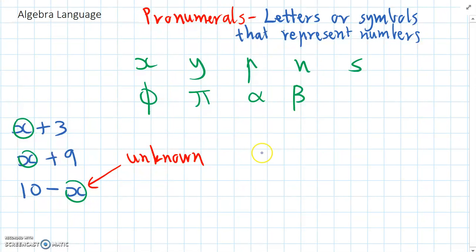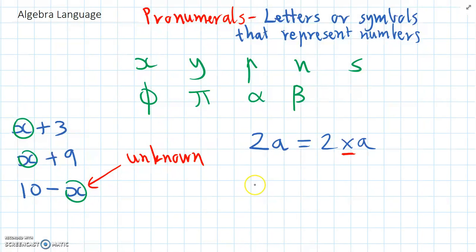One of the most important ways of using a pronumeral is when there's a number in front of it. So if we have 2a, this actually means 2 times a. So this is just a way that mathematicians have decided to save time. We don't write the multiply symbol, and we just write 2a.